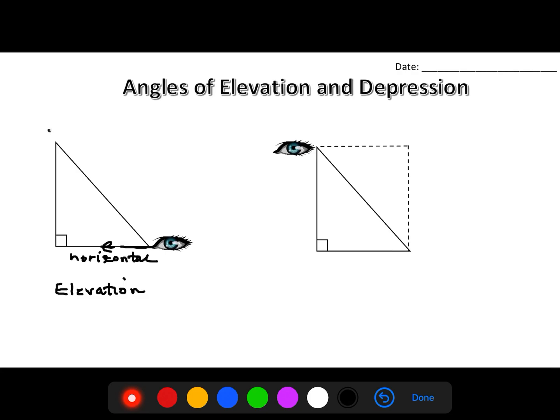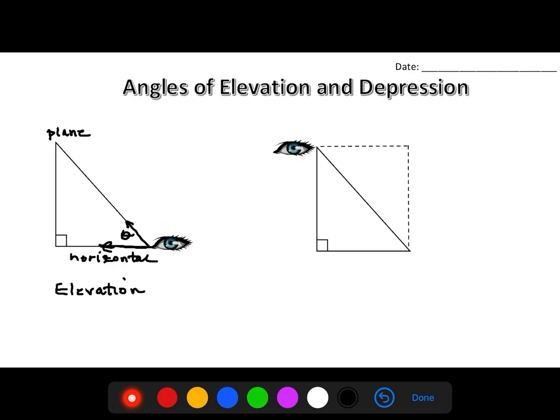And what is happening is there is something up here at the top, whether that be a plane, a tower, or a cliff that we're looking to the top of. So the horizontal is here, and we are looking up at whatever it is up top here.